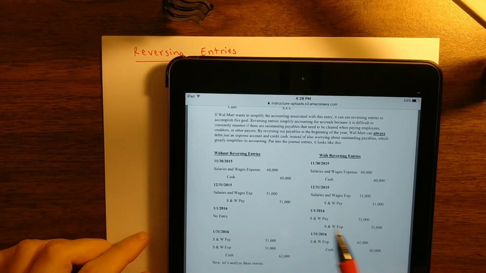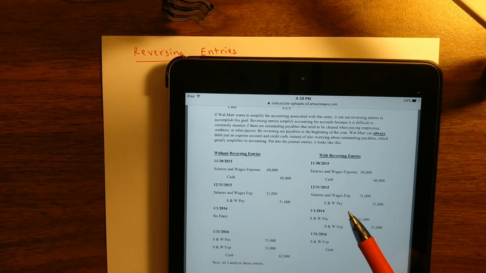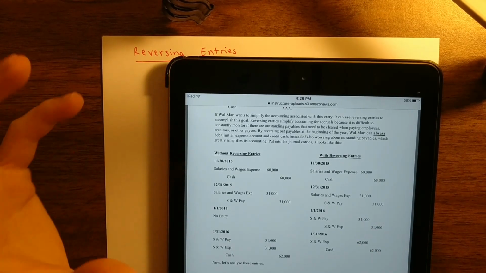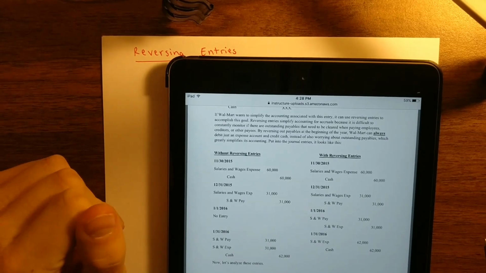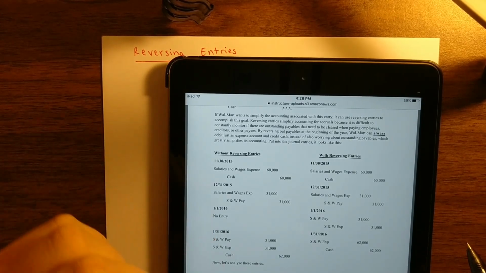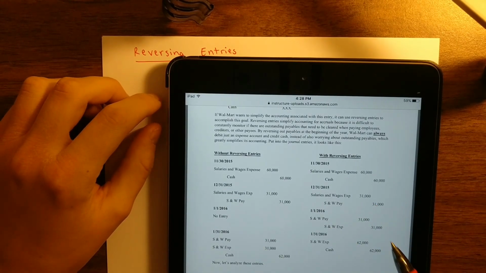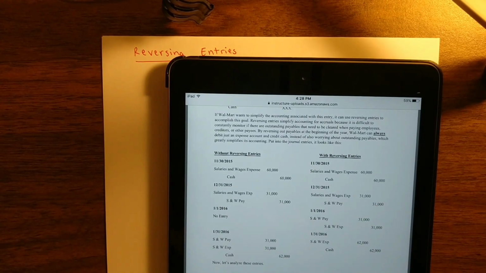The only entry that's really missing here is that salaries and wages would get closed to the income summary account, but we're focused on the reversing entries, so I left that out. Now we understand that we have this adjusting entry. Next, we focus on the reversing entry.